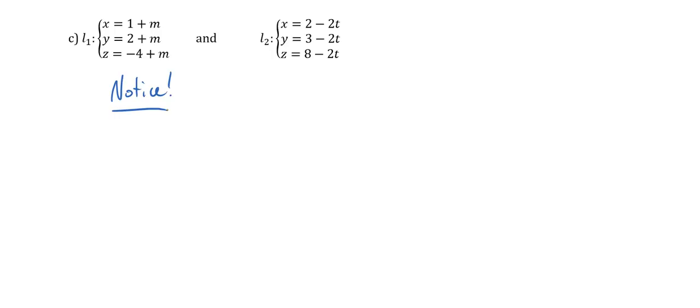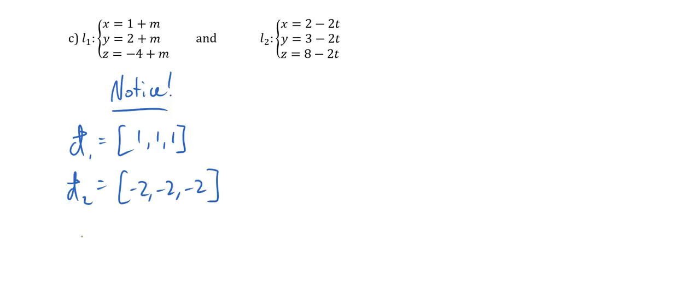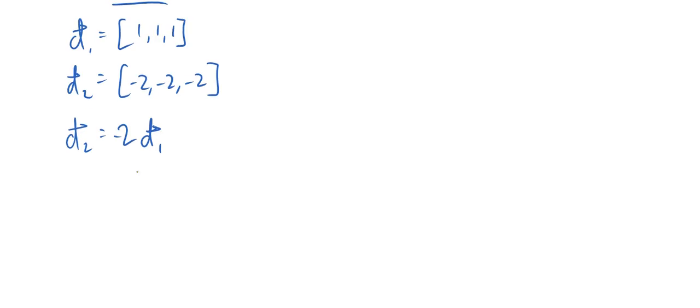Anything? Nice. So direction vector 1, m is 1, 1, 1. And direction vector 2 is negative 2, negative 2, negative 2. So d2 equals negative 2 times d1. Therefore, L1 is parallel to L2.